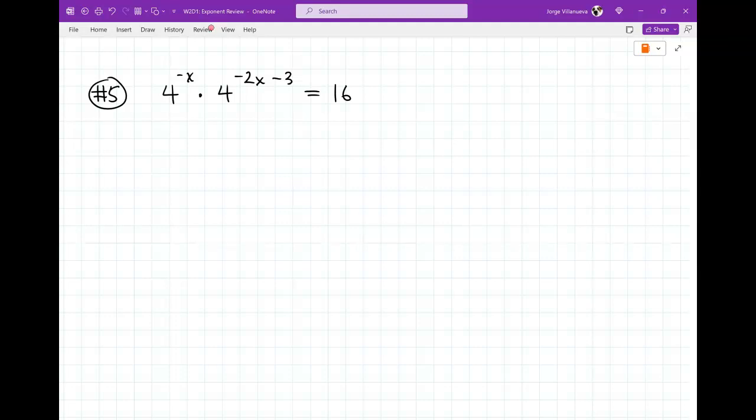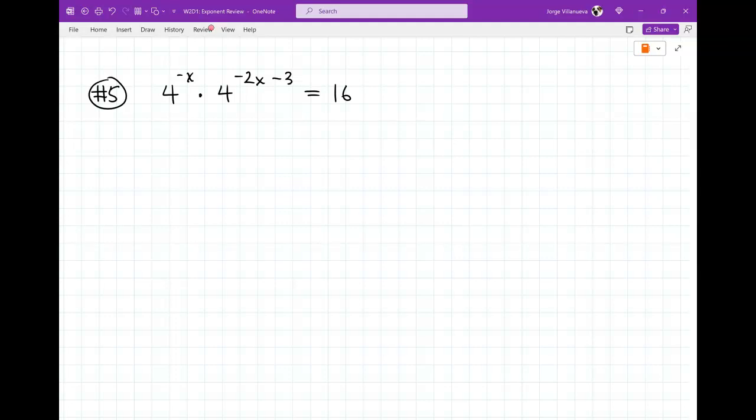But notice we do have a product there. I want to remind you guys of the property x to the m times x to the n. That's one of the very first ones I wrote. That's equal to x to the m plus n, okay? If the bases match and you multiply them together, the bases don't change.